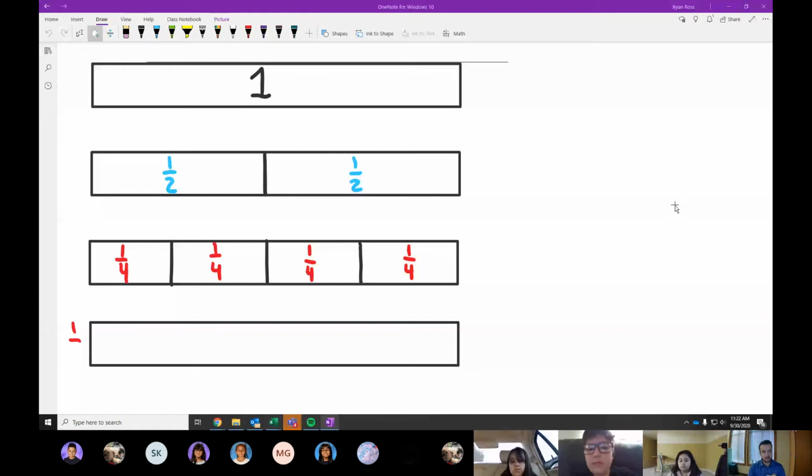So if I were to cut up this last one into eighths, how would I need to cut this up? Let's go with Eileen on this one. Go for it, Eileen. You cut it in the middle.